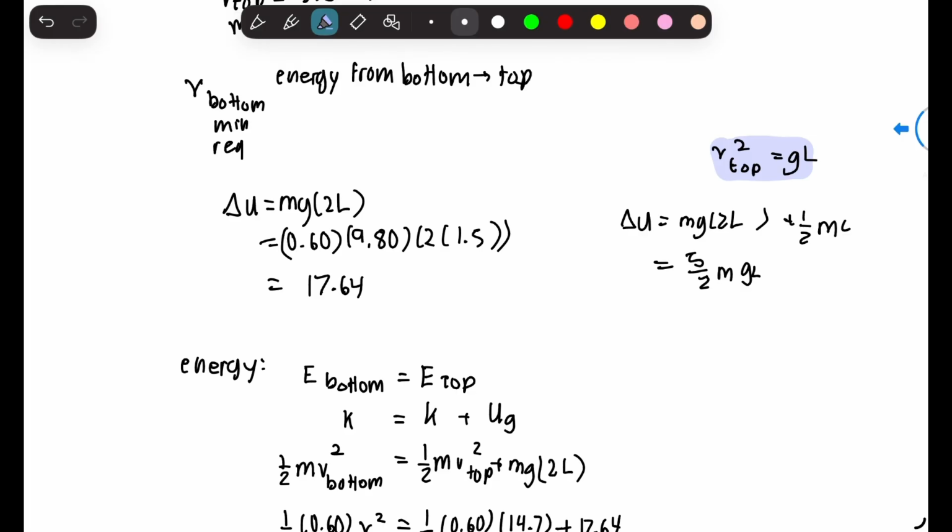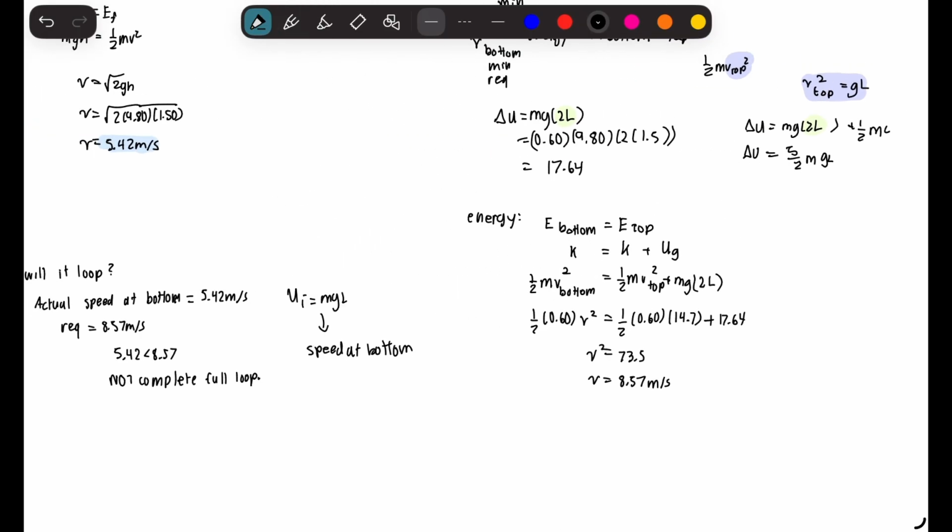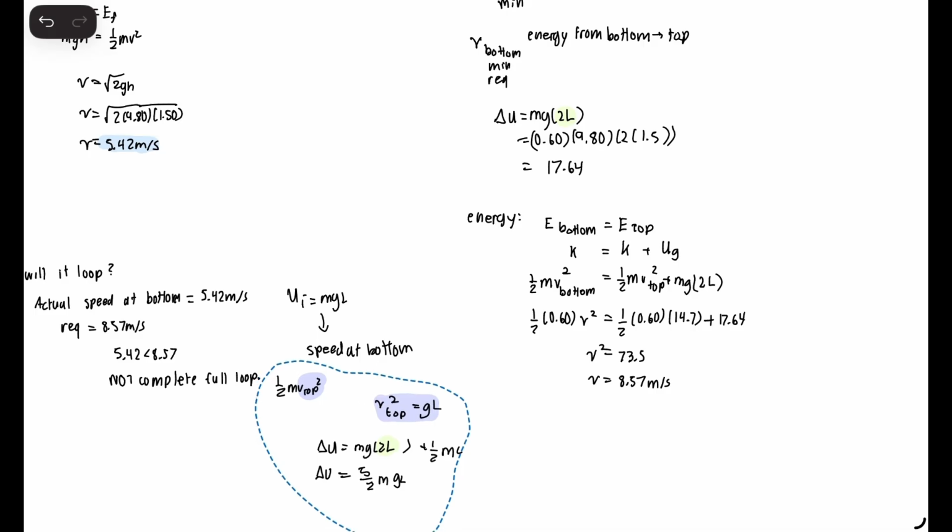Because we know that 1/2 of m v top squared is what we have here. So then you just substitute this in here with the 2gL. And then with your 2L here, that's where you get that delta U. So that's where we got this 5/2 stuff over here.